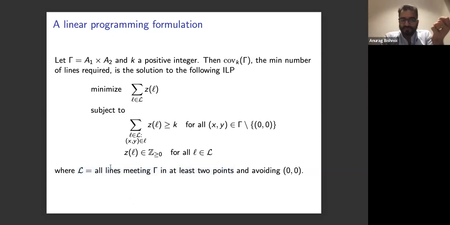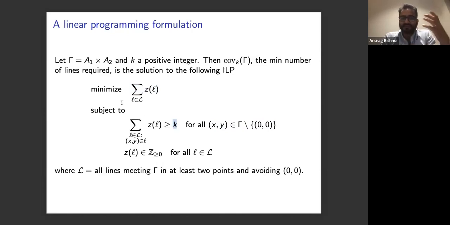So then we focus on this finite set of lines, all lines meeting the grid in at least 2 points. For each of these lines, we have an integer variable which denotes the multiplicity, like how many times you pick that line. And then we are trying to minimize the sum of these multiplicities, subject to the constraint that each point of the grid, except for the origin, is covered at least k times.